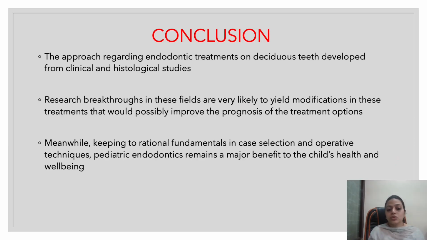Meanwhile, keeping to the rational fundamentals and case selection and operative techniques, pediatric endodontics remains a major benefit to the child's health and well-being. Okay, and the success of the endodontic treatment entirely depends on the thorough knowledge and understanding of pulp morphology, root genesis, and the resorptive processes which are happening related to the deciduous teeth.